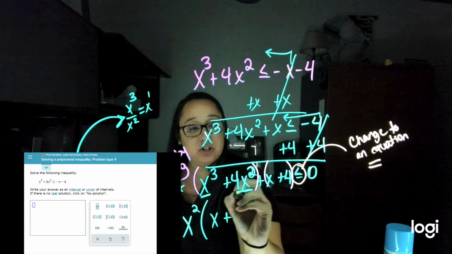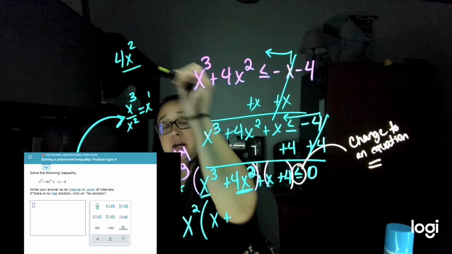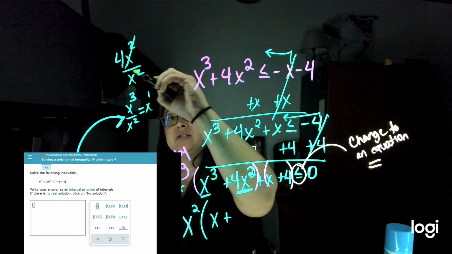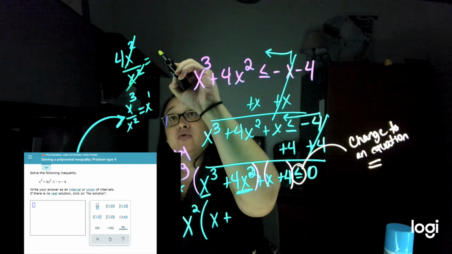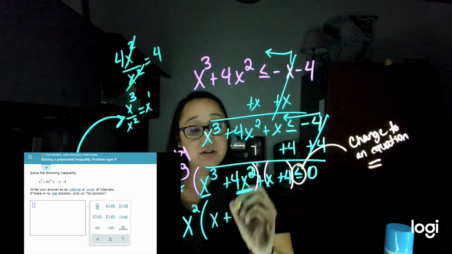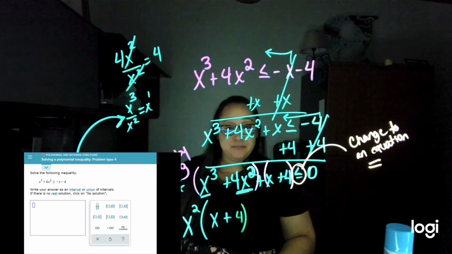So the second term here, I'm going to have 4x squared divided by x squared. Well, look, I have an x squared and an x squared. That's going to reduce, which will just leave me with 4. So that would leave me with x plus 4 in my parentheses.